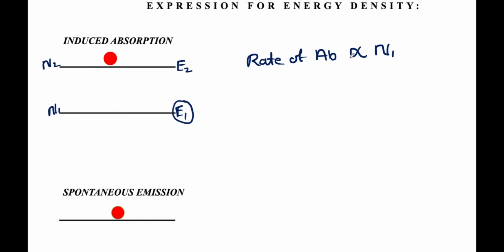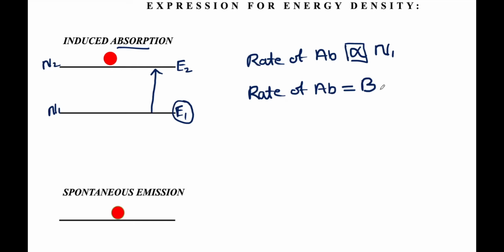Now, replace the proportionality sign by considering one constant, which we call the Einstein coefficient. In the case of absorption, we write the equation like this: rate of absorption is equal to B, the constant for absorption, with subscript 1 2 because the transition is from E1 to E2.